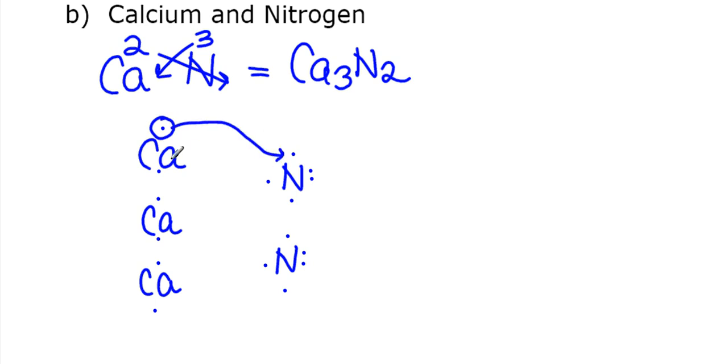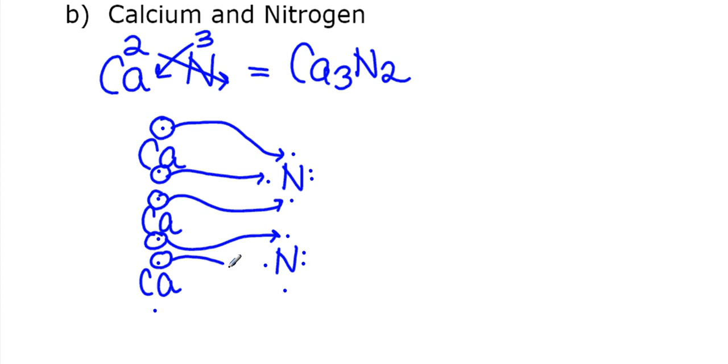One goes here, here's another one, pair up here. There's still 1 extra nitrogen here, so my next electron I'm going to put there. This calcium still has 1, so I keep pairing up. This has a partner, and this one has a partner. So now all of the electrons from the metal are partnered up with the nonmetal.